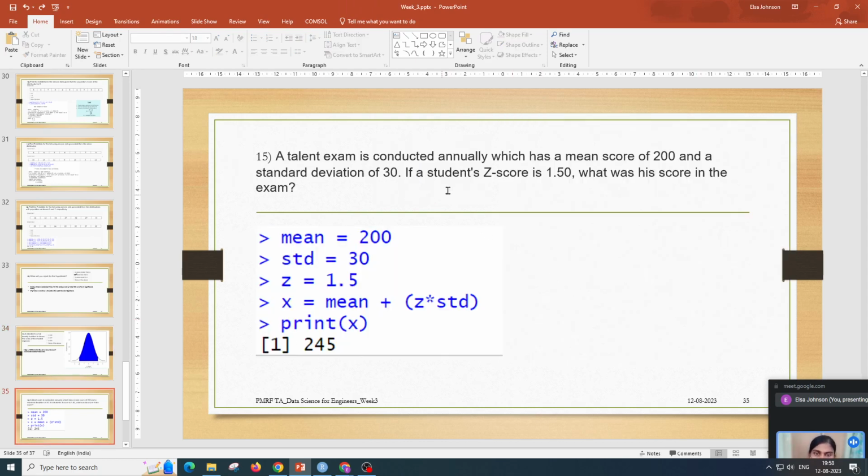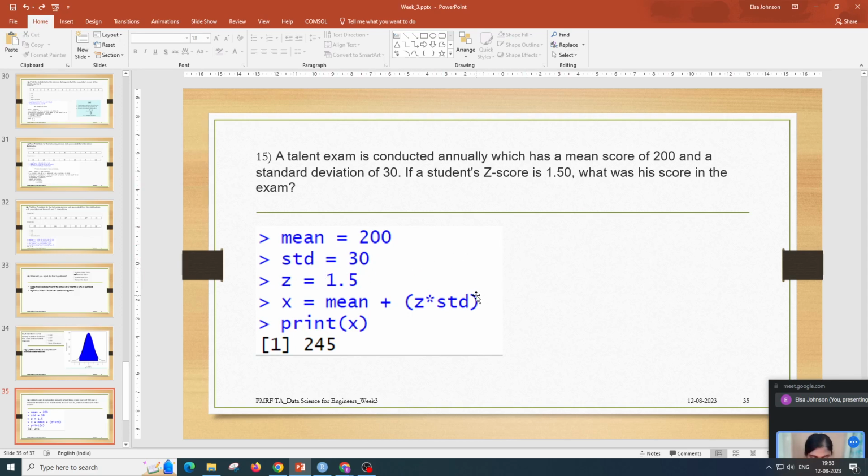Now a talent exam is conducted annually which has a mean score of 200 and standard deviation of 30. If a student's z score is 1.5, what is the score in the exam? So this is very easy. Mean is given as 200, standard deviation 30, z score is also given.